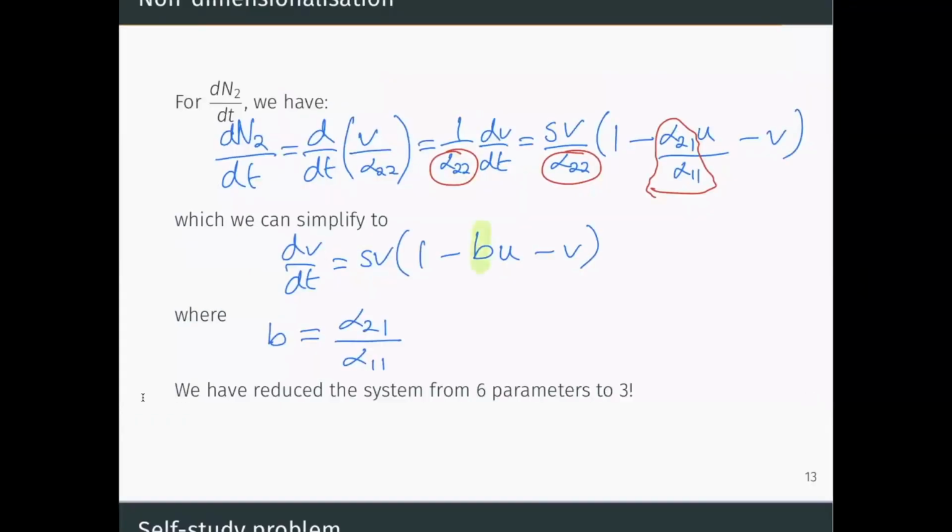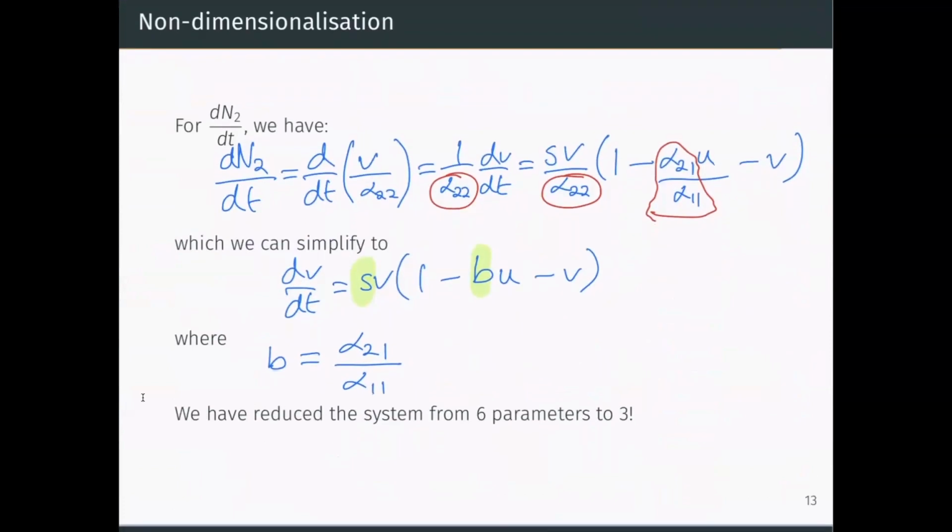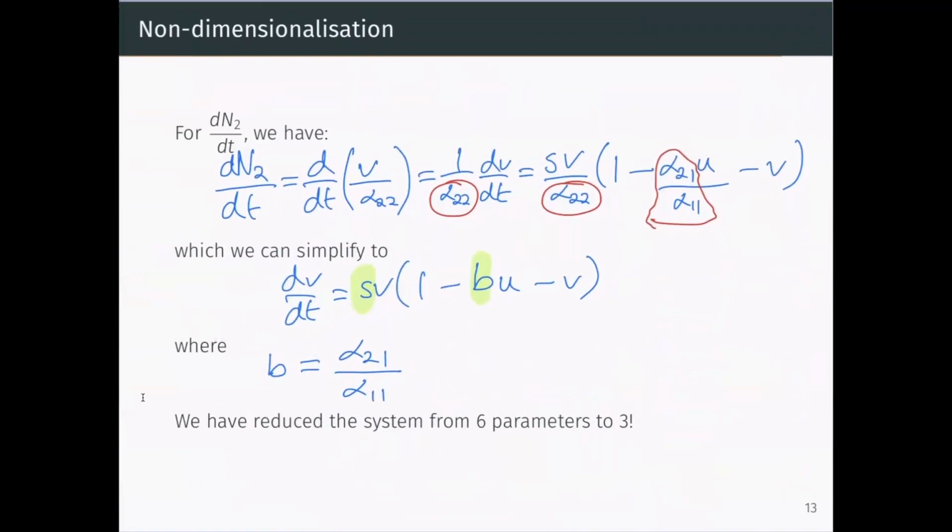So now there are just two parameters in this equation and one parameter in the other equation. And so we've reduced the dimensionality of this problem from requiring us to think about 6 parameters, well, now we only need to think about 3. So this is why we do non-dimensionalization where we can. It essentially reduces the problem down from having more parameters to fewer parameters, and it means that we can focus in on the key relationships between parameters that matter.